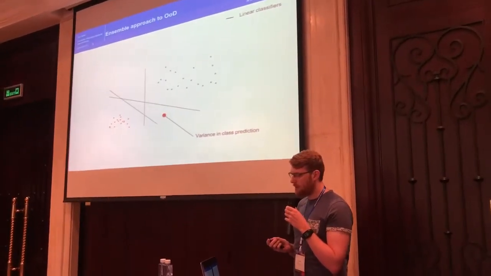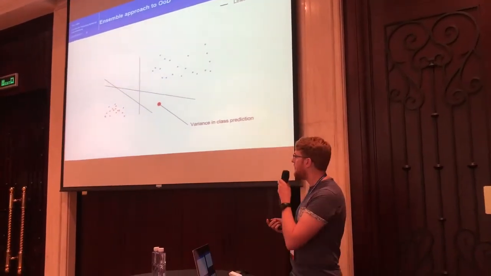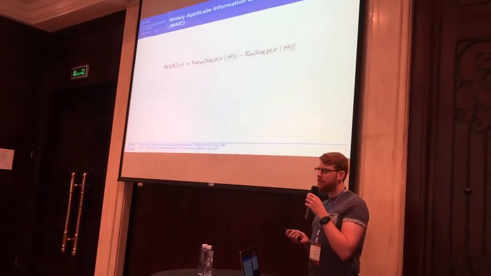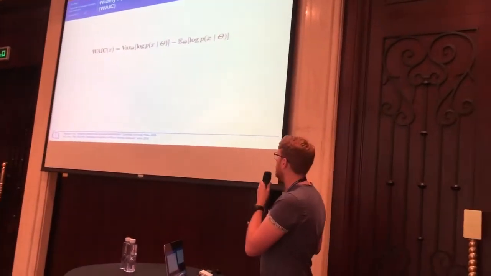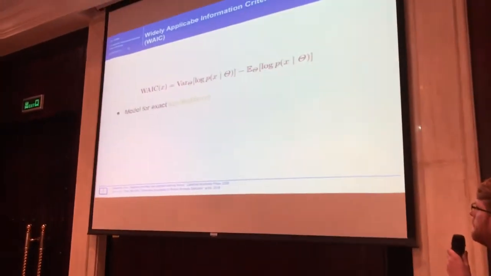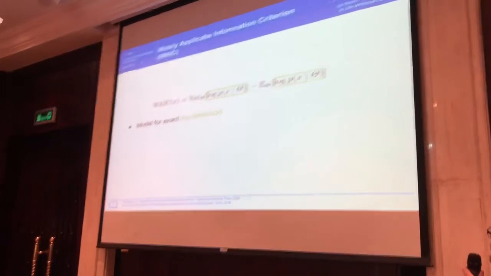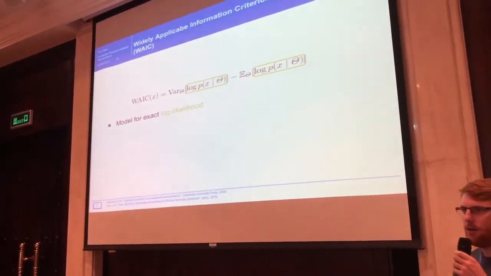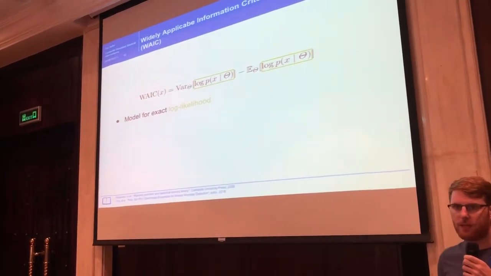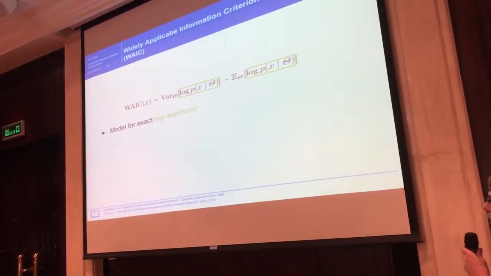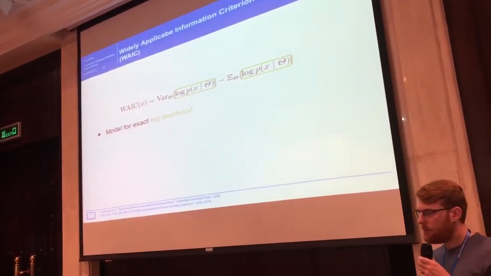You can make that a little bit more rigorous in a mathematical sense, and then you call it the widely applicable information criterion, which is given by this formula. Let's quickly take this apart. First of all, you have to put in the log likelihood of new models, of new spectra in our case, and so you need models that can produce exact log likelihoods.